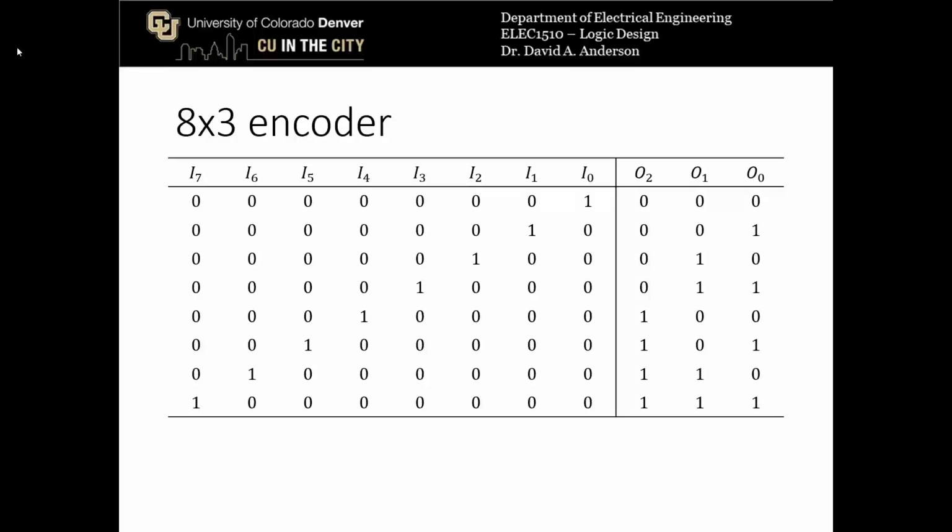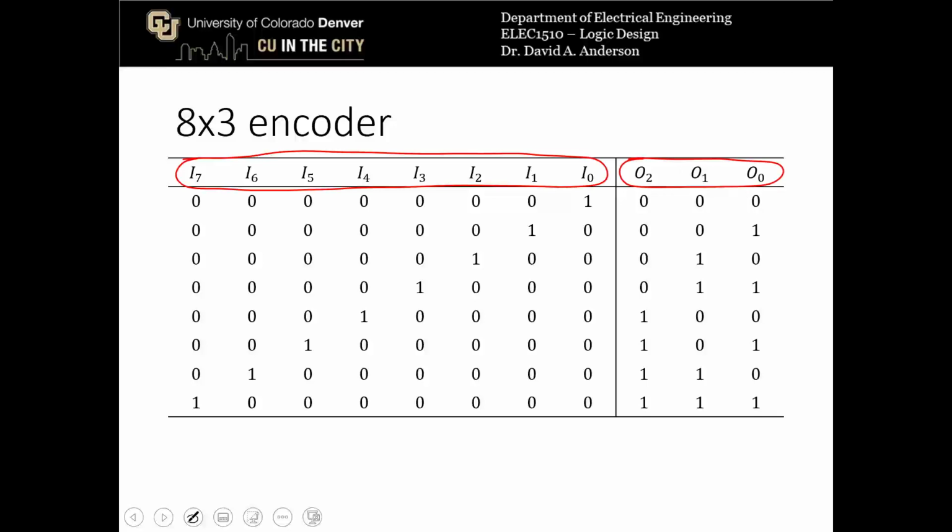So basically, an encoder looks something like this. This is an 8x3 encoder where we have 8 inputs, I7 through I0, and 3 outputs, O2 through O0.